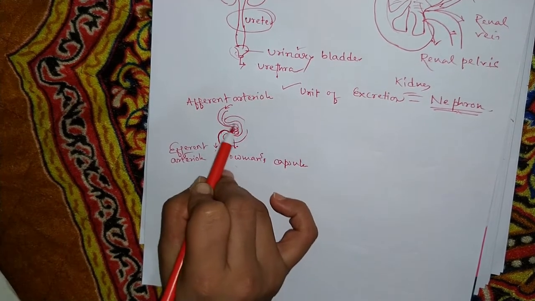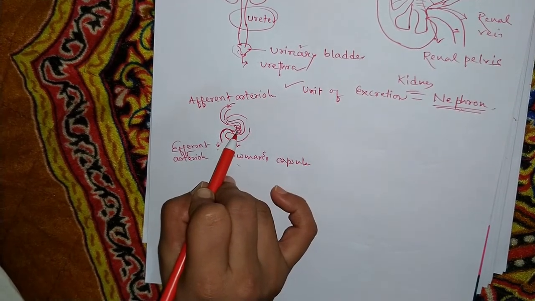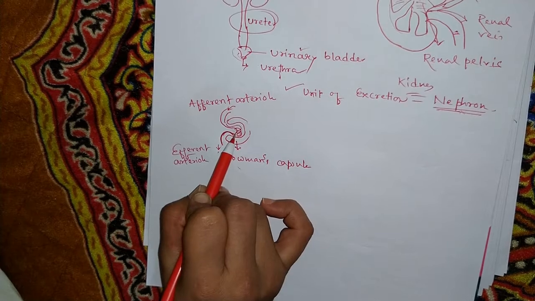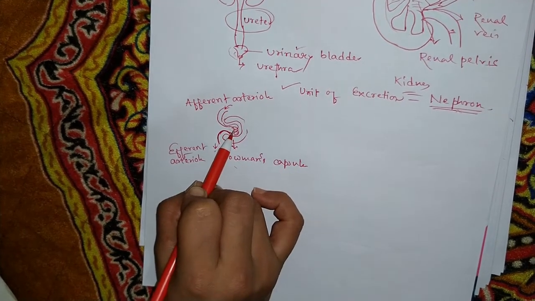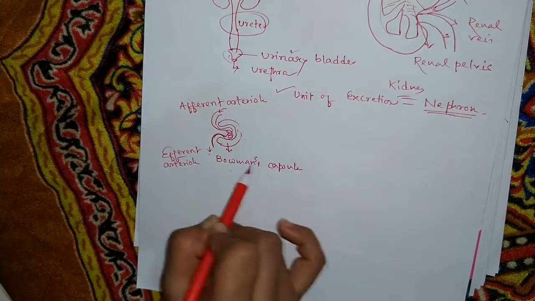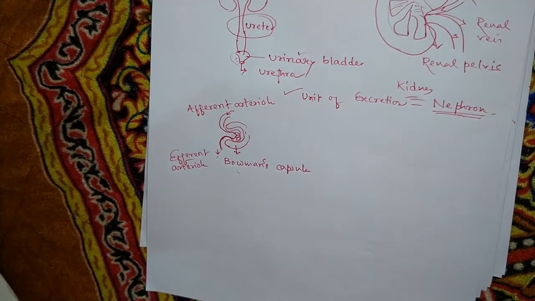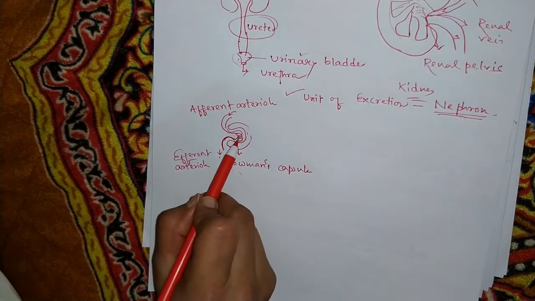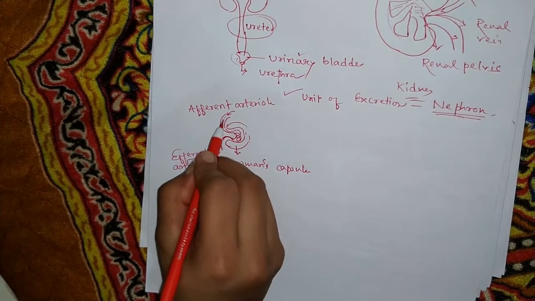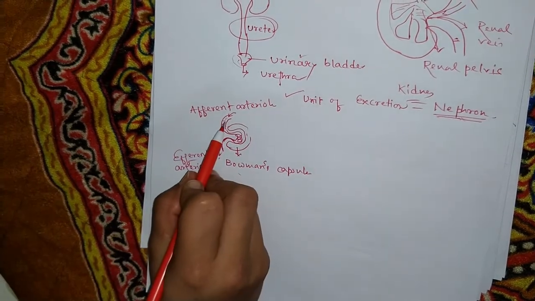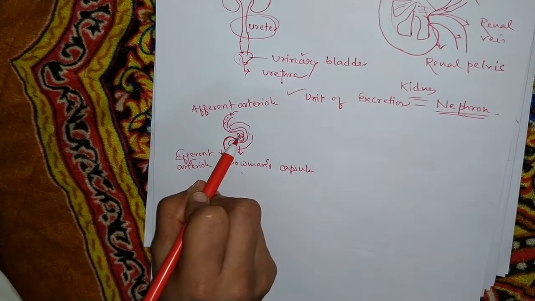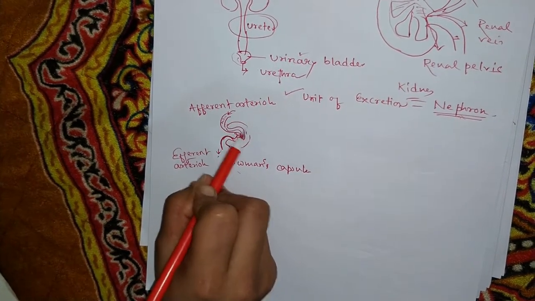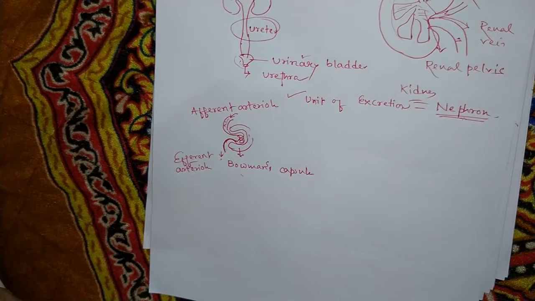So here, huge pressure creates a gradient so that everything needed to pass out from the blood will move to the Bowman's capsule through a sieving action.